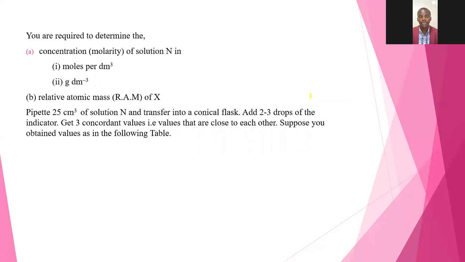So this is the procedure now. Pipette 25 cubic centimeters of solution N and transfer it into a conical flask. Then add 2 to 3 drops of the indicator and get the concordant values, that is, the values that are close to each other. Suppose you obtain the values in the following table.